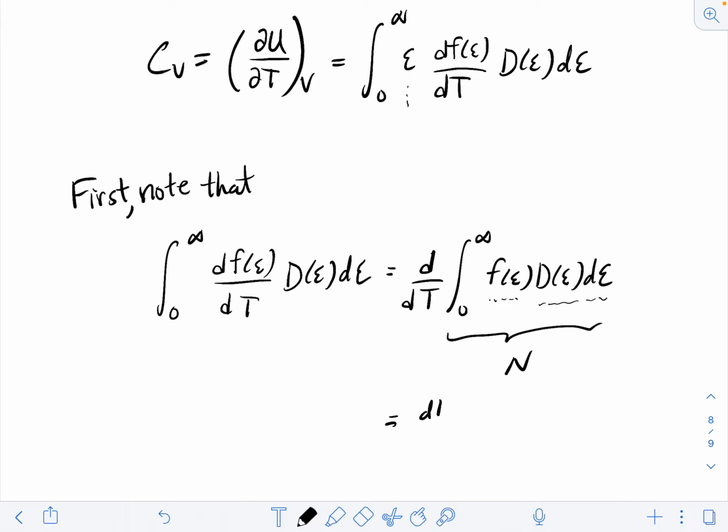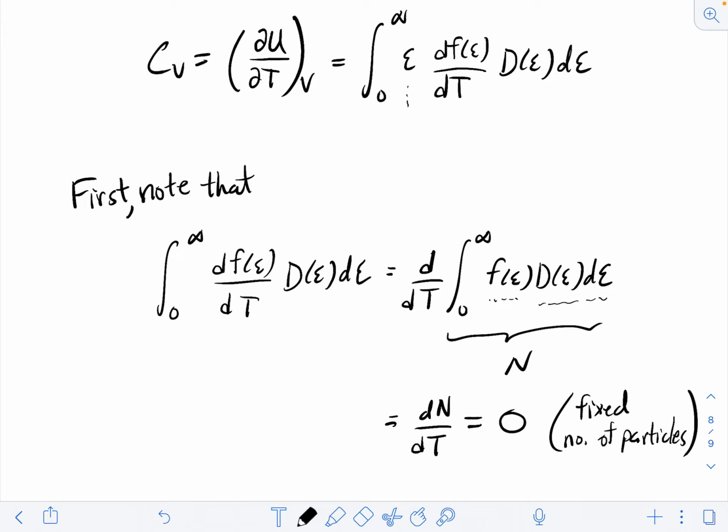And so what this is equivalent to is the derivative of the number of particles. But if the particle number is fixed, then it's not changing with temperature, and so this would be 0. Fixed number of particles in our fermion system.